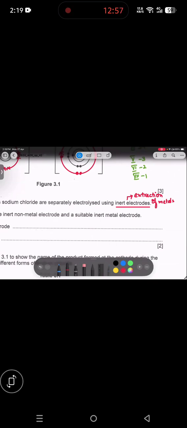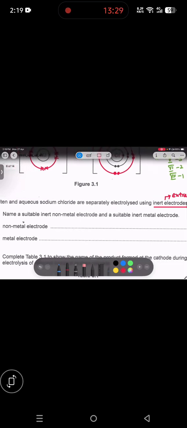For the extraction of a metal, you will use inert electrodes. And when we want to extract the metal, the electrolyte must be in the molten form. Whenever we are doing the extraction of a metal, the electrolyte must be in the molten state, not in an aqueous state. If the aqueous state is present, then we are not going to have the metal.